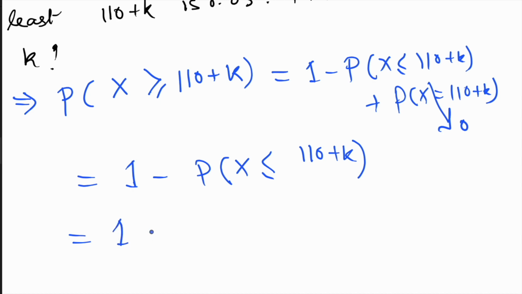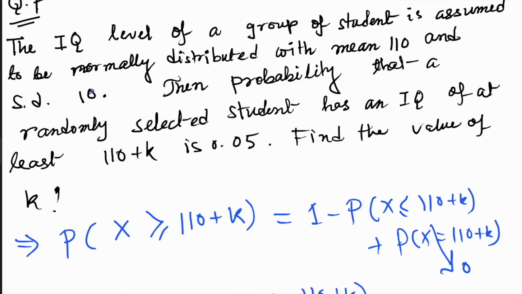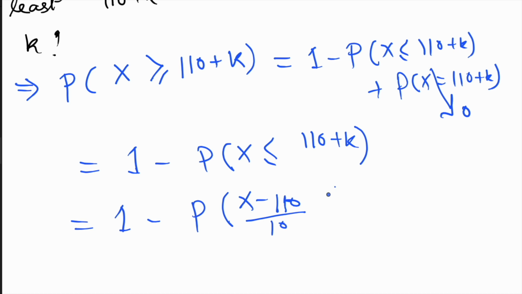Now we convert this normally distributed random variable to a standard normally distributed random variable. So this is (X minus 100) by 10, less than or equal to (110 plus k minus 100) by 10. Sorry, this will be only 10 plus k.